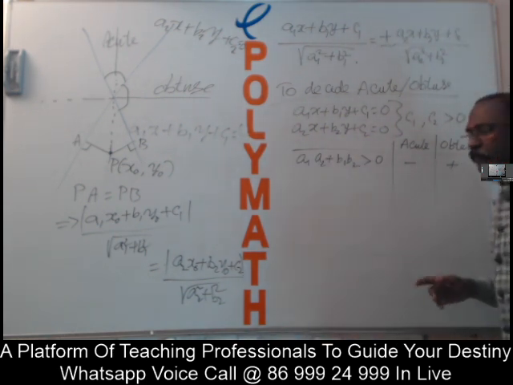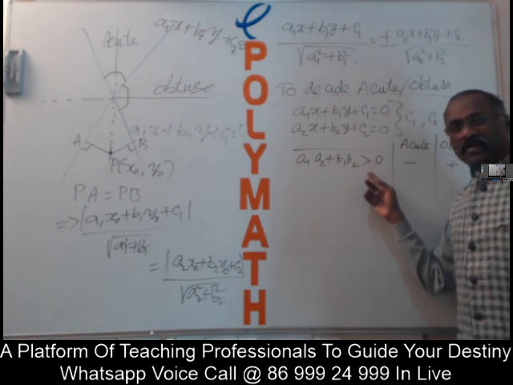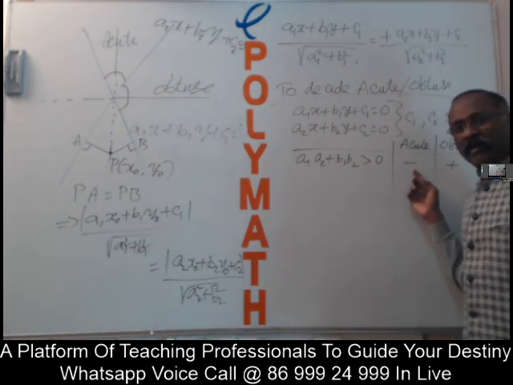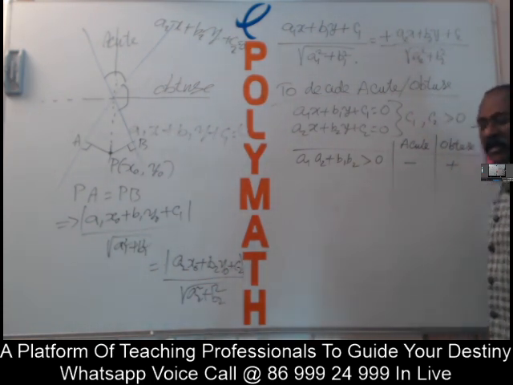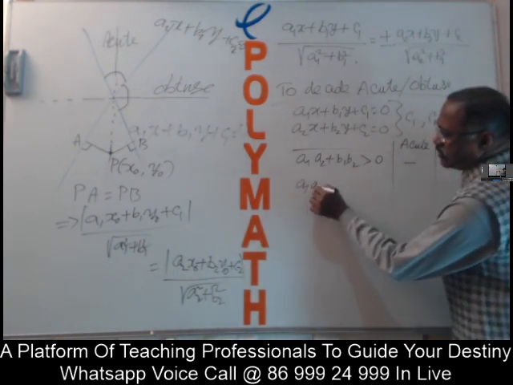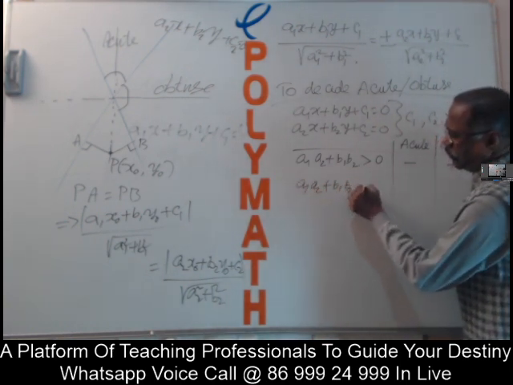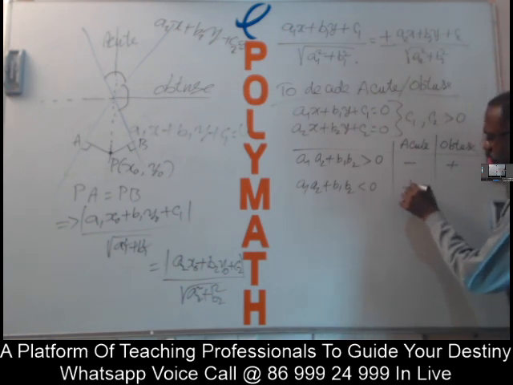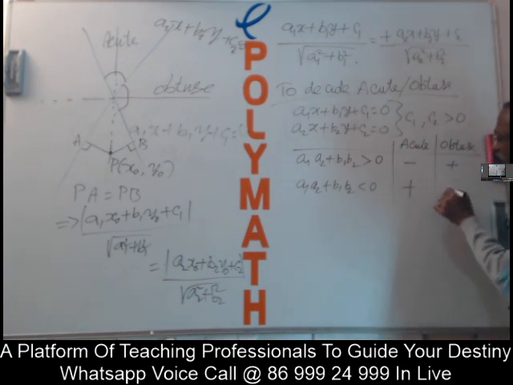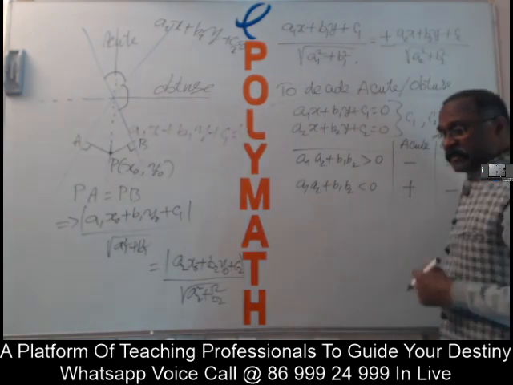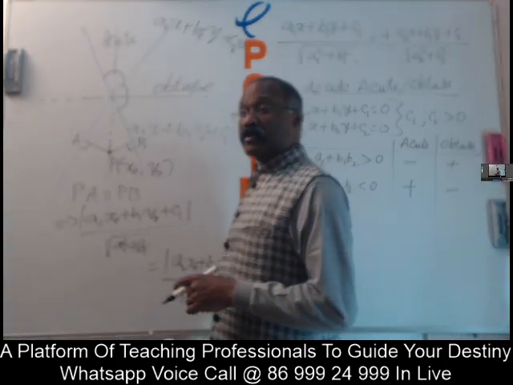Are you with me? If it is reversed, A1, A2 plus B1, B2 less than 0, then plus gives you acute angle bisector and minus gives you obtuse angle bisector.